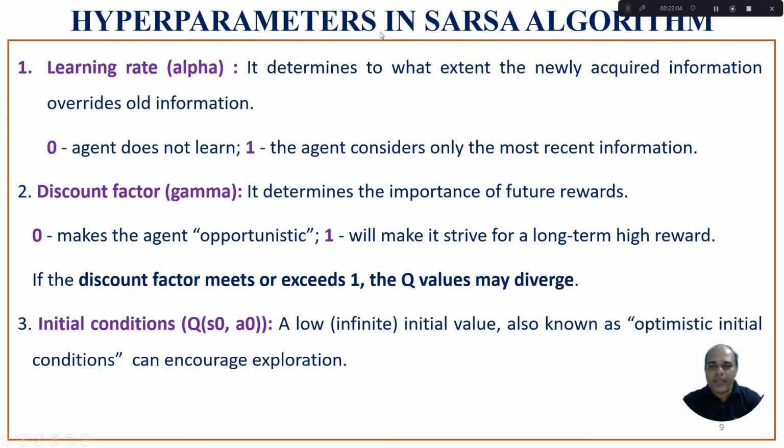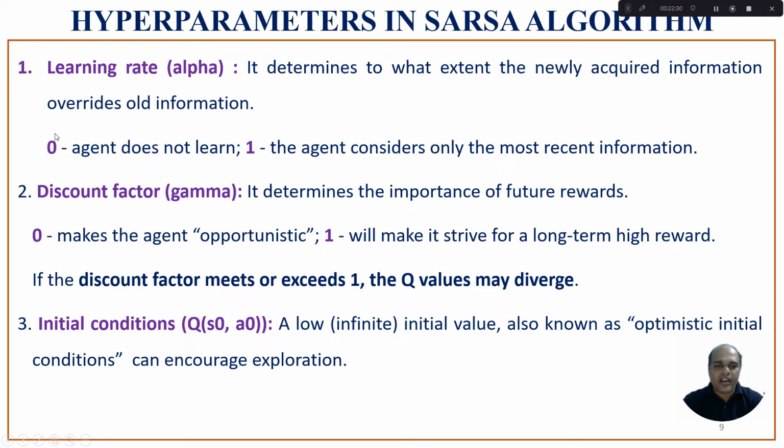Some of the hyperparameters in the SARSA algorithm are the learning rate, which is denoted by alpha. So what is learning rate? How fast the algorithm tries to learn. It determines to what extent the newly acquired information overrides the old information.